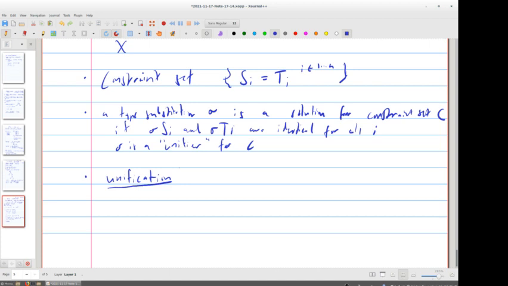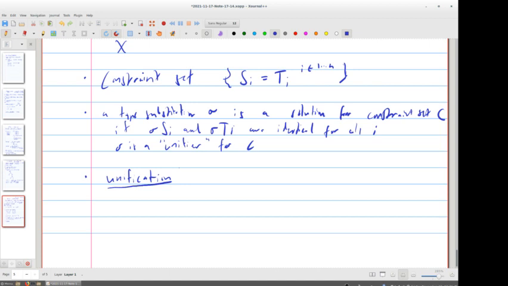It has applications not just for type inference, but it's useful for all sorts of things. Prolog is based on unification. It's kind of at the heart of the way that Prolog does computation. It really uses unification. So it's a really fundamental algorithm.